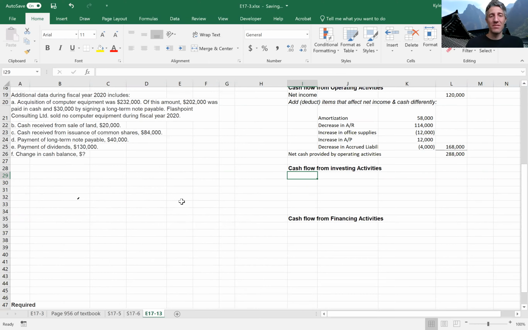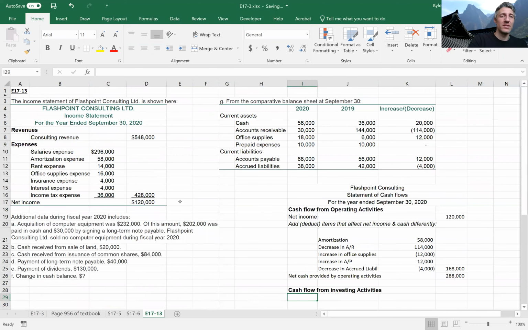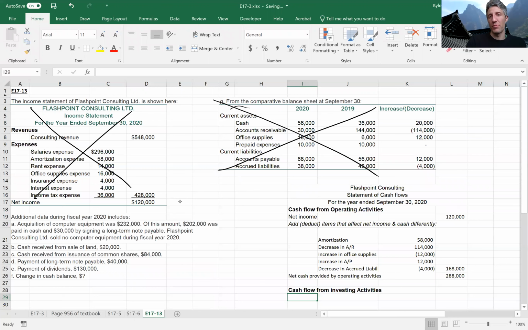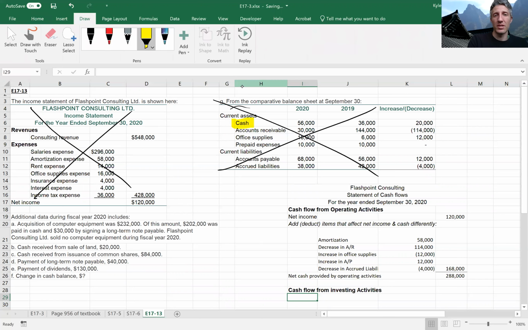We've already done everything we need to do with what was provided on the income statement. And we were only given current assets and current liabilities. So we're already done with everything from this comparative balance sheet, with the exception really of this change in cash, 20,000. What we're going to hopefully see is once we're done with this cash flow statement, that our cash did in fact increase by 20,000.